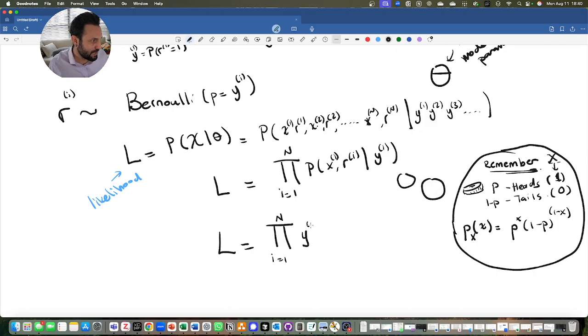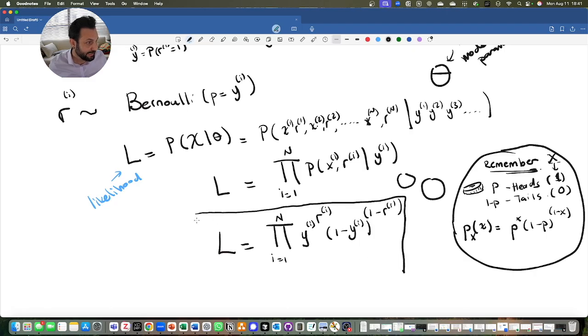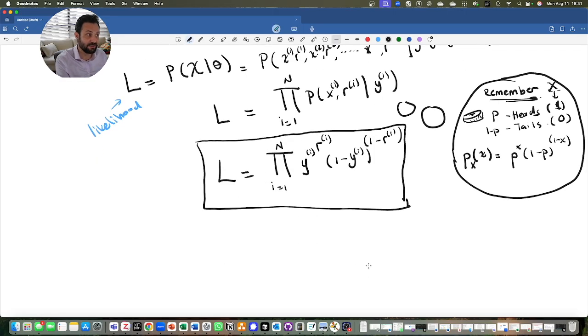It's yi, right? And I take it to the power of, this time, what is my label? My ri. And 1 minus yi, 1 minus ri. So that's the likelihood of my data set with respect to some parameter.